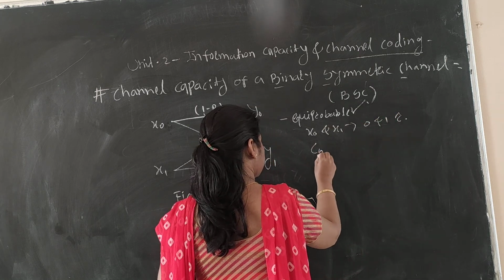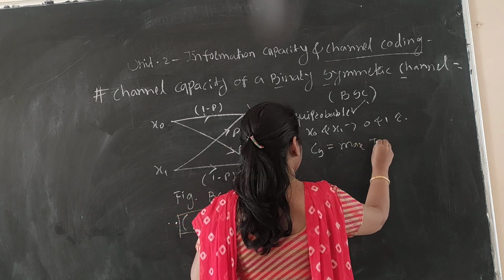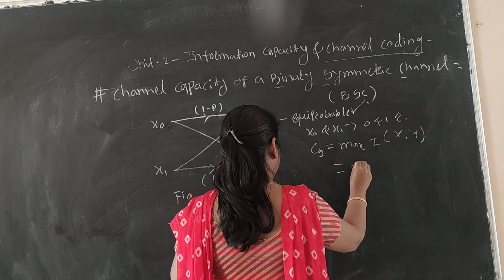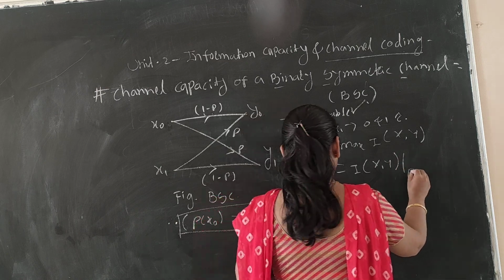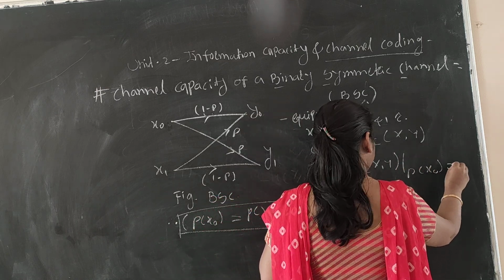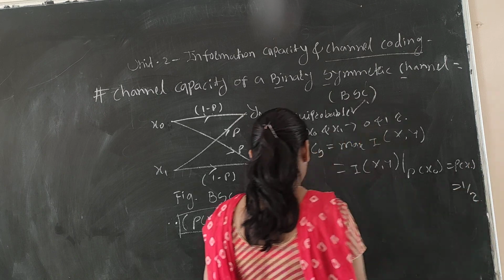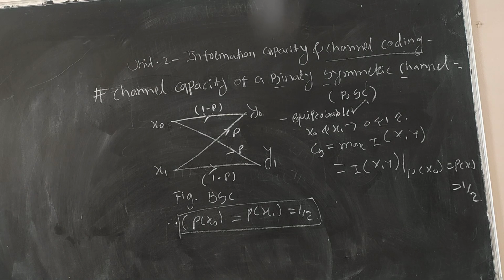That's why the channel capacity C_s is the maximum of I(x, y) when P(x0) = P(x1) = 1/2. That is the equiprobable relation of the mutual information.